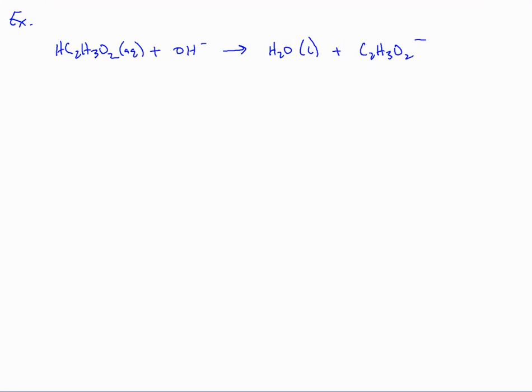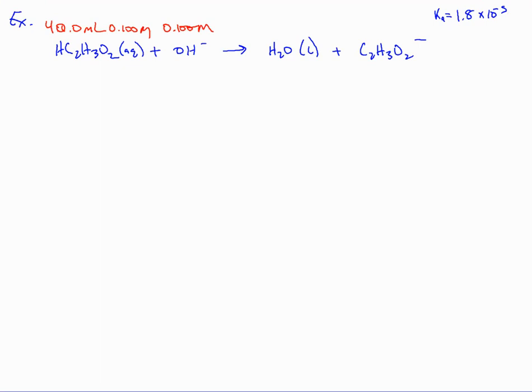Suppose a 0.1 molar sodium hydroxide solution dissolves completely, so we've got 0.1 molar of hydroxide added to 40 milliliters of a 0.1 molar acetic acid solution. The Ka of the acetic acid is 1.8 times 10 to the minus fifth. So we're going to find the pH of the solution in a bunch of different scenarios.